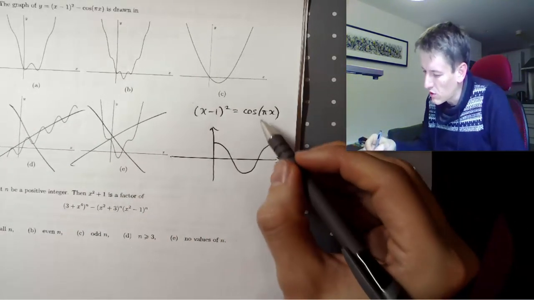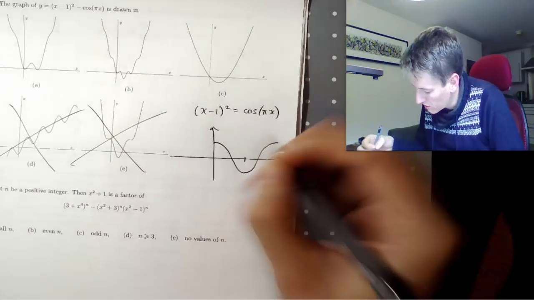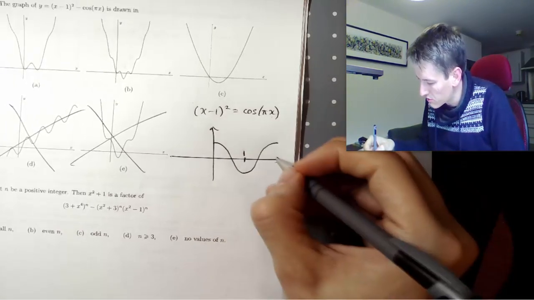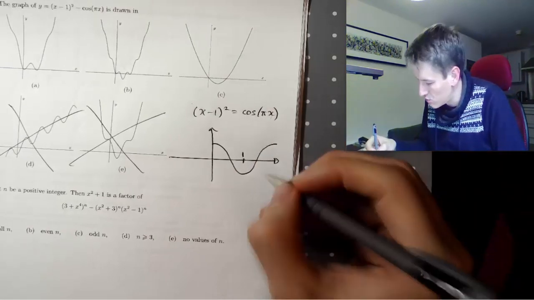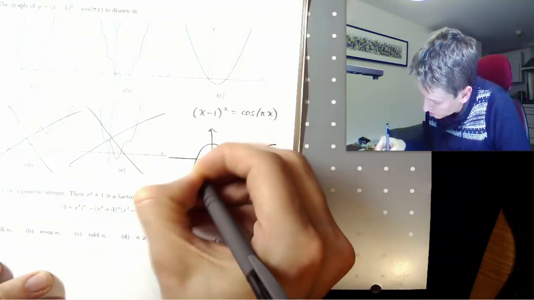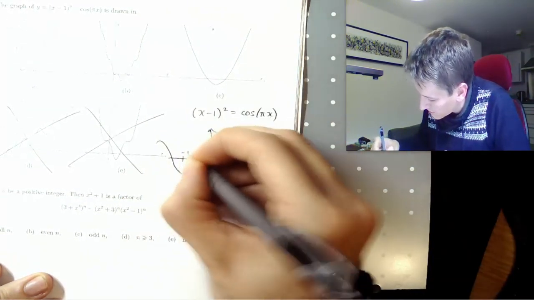So cos of 1 is going to be what would usually be cos of pi. This would be pi if it was the ordinary cos graph, so that's now 1. Cos of 2 would be what would usually be cos of 2 pi. So it's like counting in the usual cos graph, but in pi's. So we've got 0, minus 1, etc.